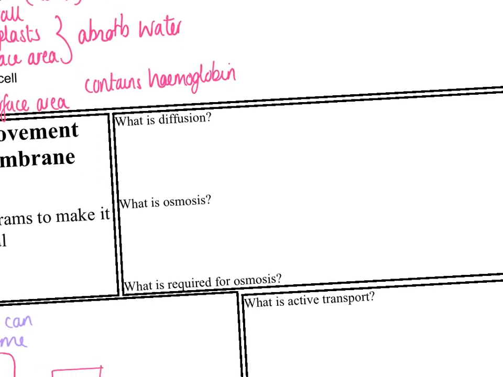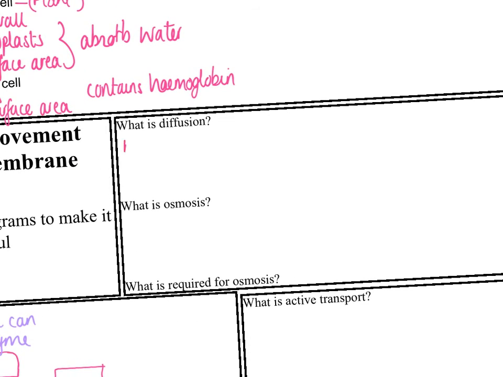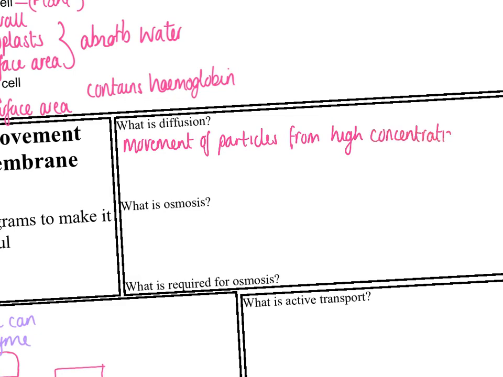Now we've got what is diffusion. So diffusion is the movement of particles from high concentration to low concentration.